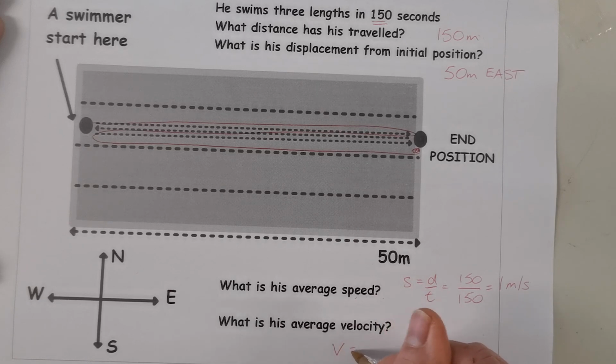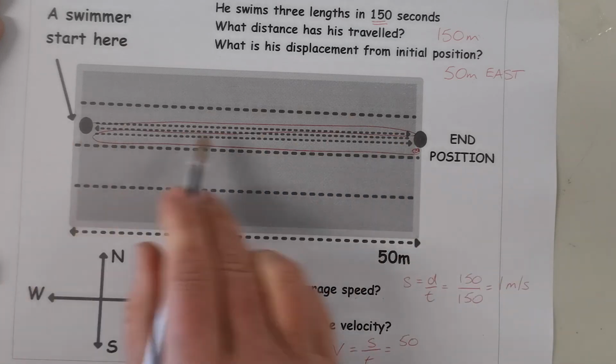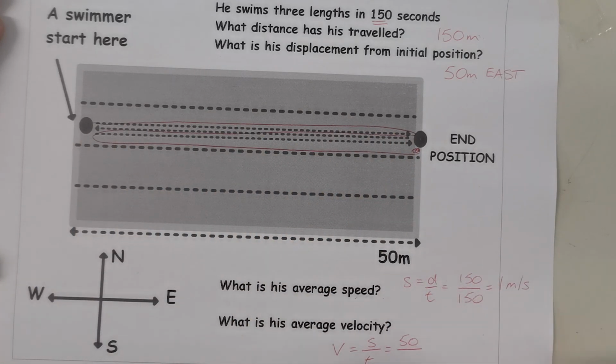Well, velocity is displacement divided by time, but he's only moved 50 meters because he came back, so he's actually only 50 meters away from where he started. So his average velocity is 50 over 150, which is 0.33, 2 sig figs, meters per second. One thing missing here: this is velocity, it's a vector, and it is 0.33 meters per second east.